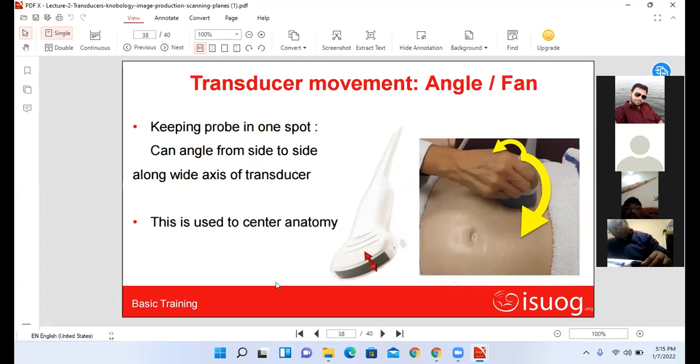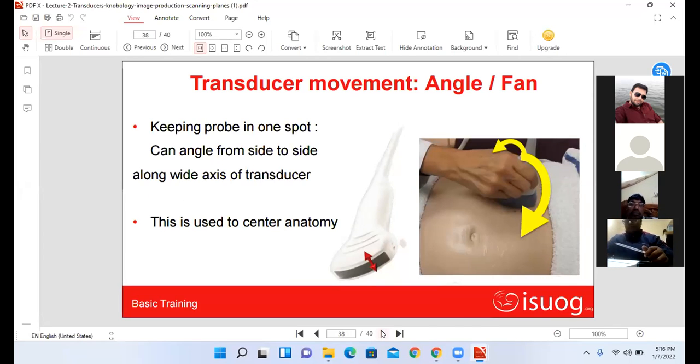How to maximize the resolution or the study of one organ by probe movement. Also there is one lecture, maybe I will share it with everybody very soon, about probe movements. It's a very detailed lecture, completely about probe movement.